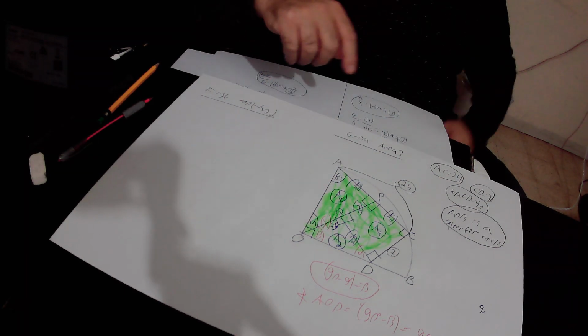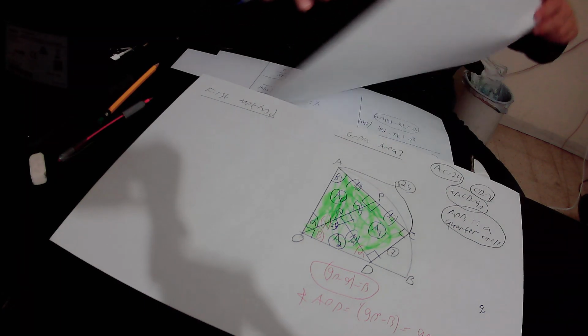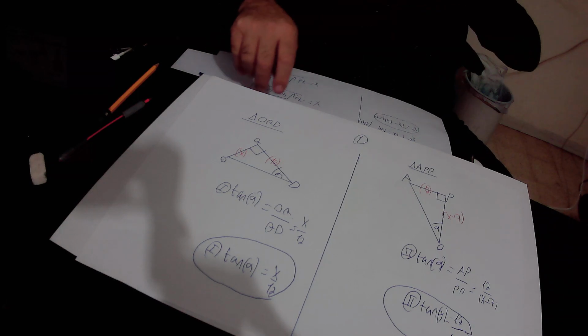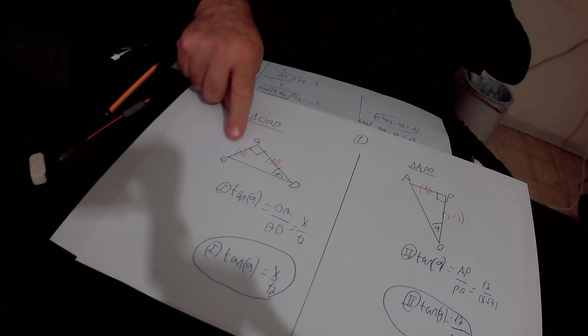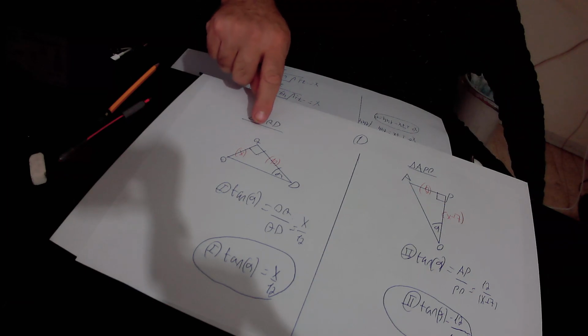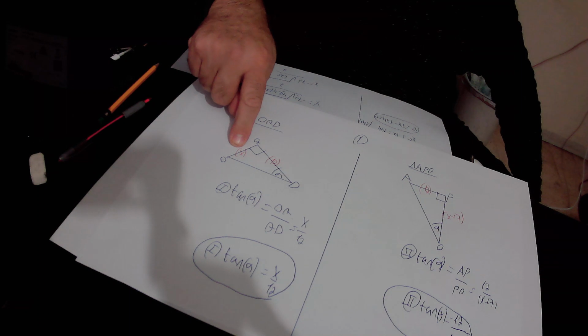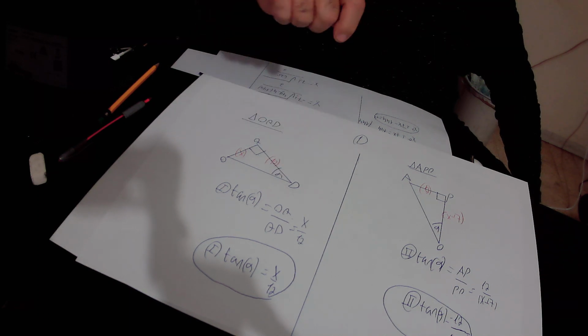in this right triangle OQD. This is the right triangle OQD, coming from the original drawing. QD equals 12 according to the definition. QO equals x according to the definition. And this is angle alpha.